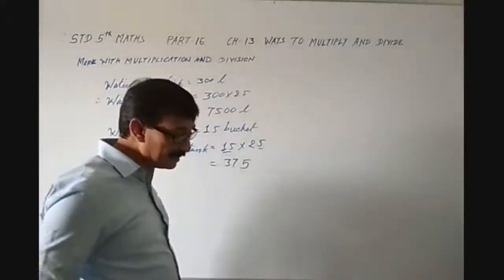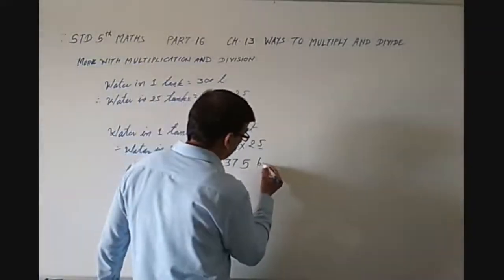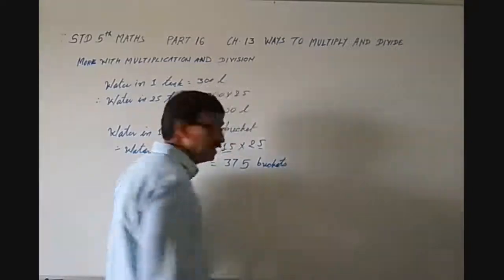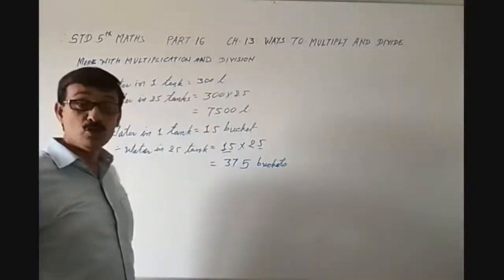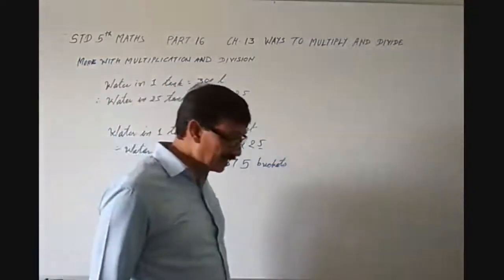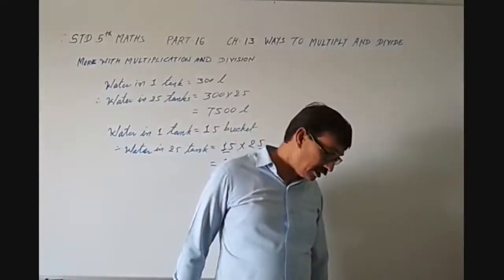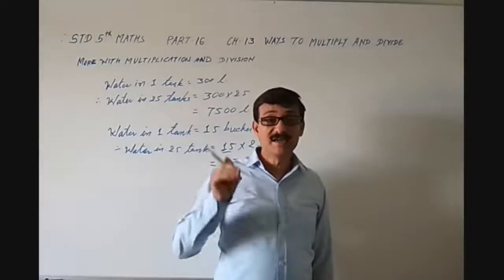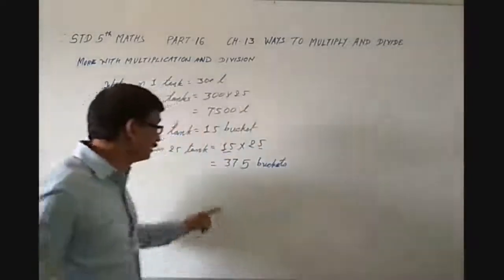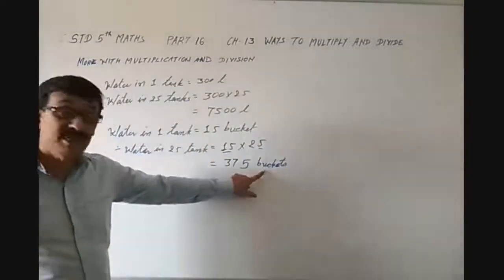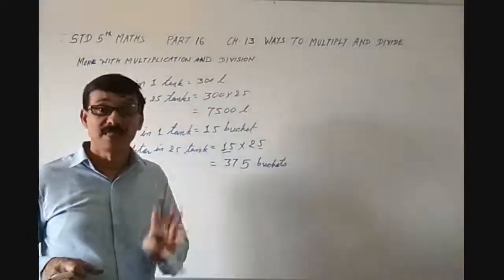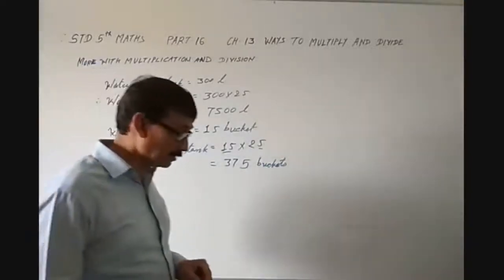So 375 buckets, isn't it? That means 375 buckets can be filled from 25 tanks. That should be our answer.